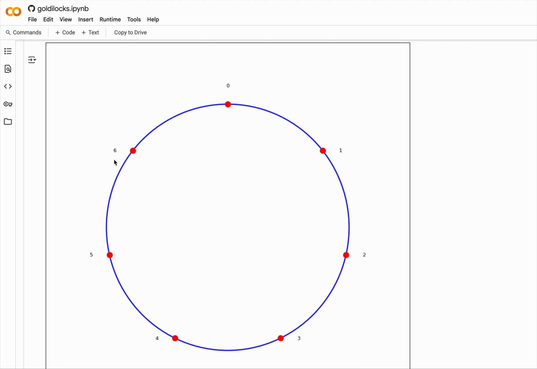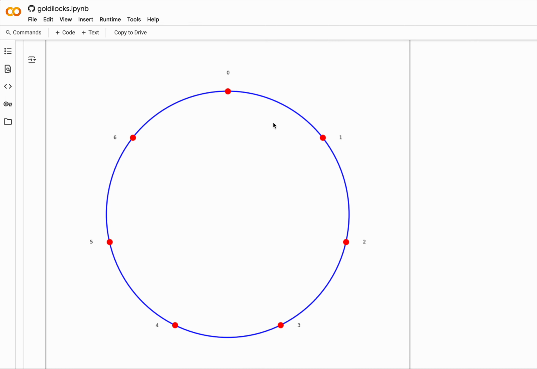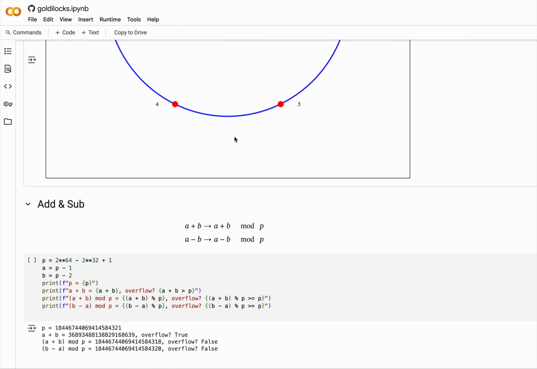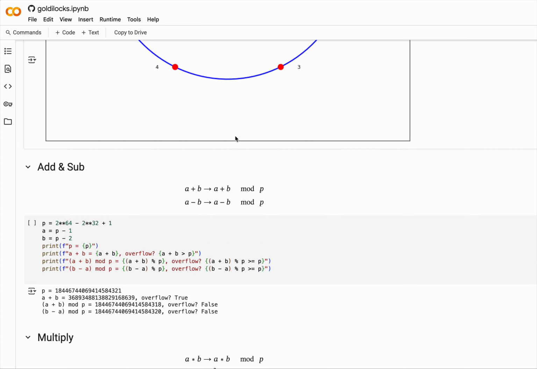You will get 6, 5, yeah. All the integers in the finite field are a single point on the circle. This may help you understand what a finite field is.